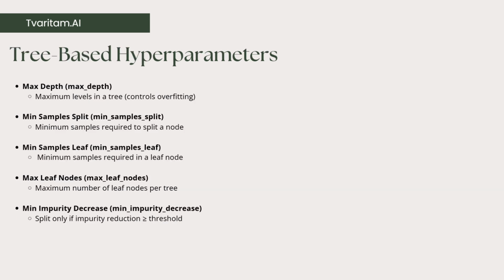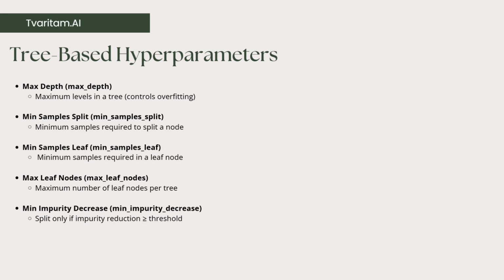Now for tree-based hyperparameters, even though random forest itself reduces overfitting, we can still control individual tree complexity. Maximum depth limits how deep each tree grows. In random forest, it is not as crucial as in a single decision tree based model because random forest can allow deeper trees or trees with unlimited depth.